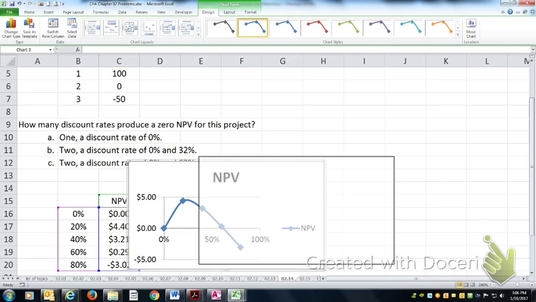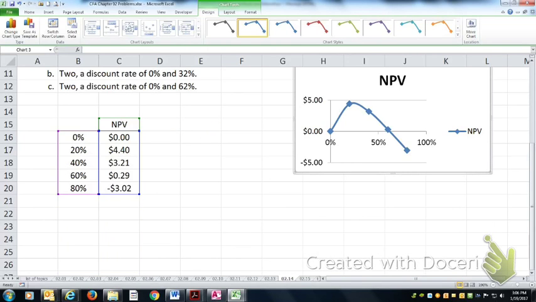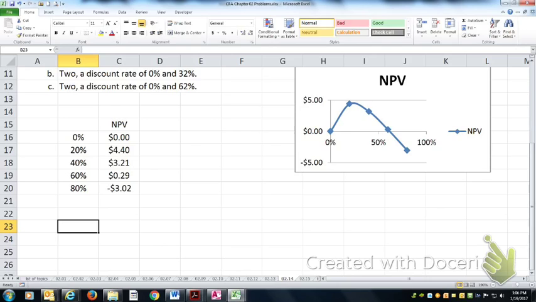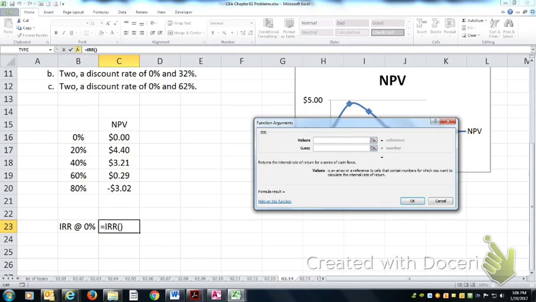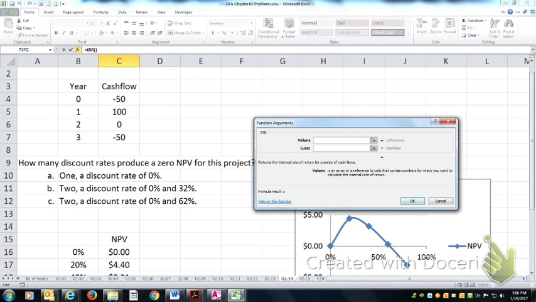Since I know I have one out around 60, I can actually go calculate what it is. So the IRR at 0%, when you compute the IRR function, you can see here the function is equals IRR, the values, and that's cover up the cash flows from period 0 through period 1.